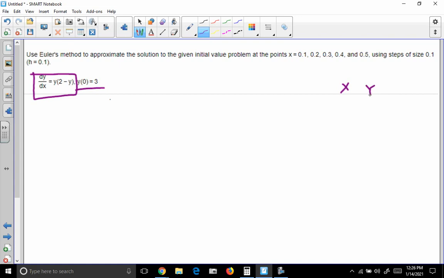So let's just make a table of x's and y's. Our initial x value corresponds to y being 3. So we want to find out y when x is 0.1, 0.2, 0.3, 0.4, and 0.5. Let's write out our formula.